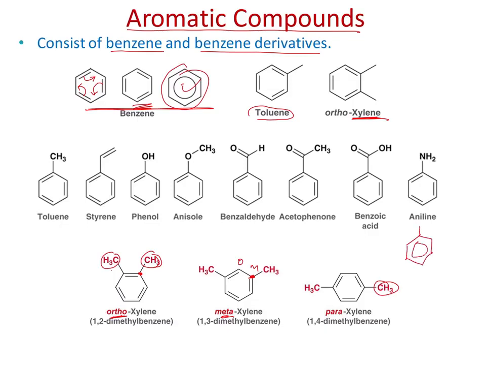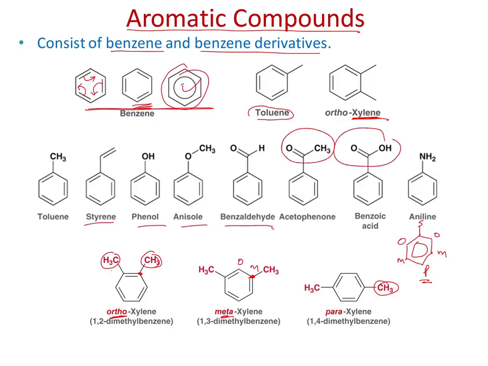If we have a substituent here, this is ortho, meta, para position. Okay. Similar to the other side, this is ortho, meta, and then there's only one para position. Okay. There are other common names. We could have styrene, phenol, anisole, benzaldehyde, acetophenone.